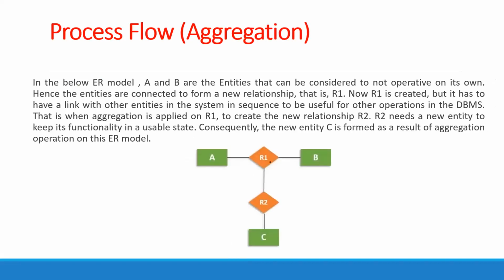Another example: see here how we show it in an ER diagram representation. Here entity A and entity B, normally we will give a relation R1. This relation R1 makes no sense on its own. It becomes sensible when relation R2 is added with entity C. Then this relation makes sense, and we can think of it as a single entity.